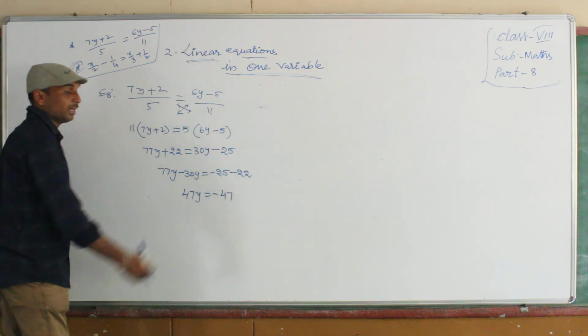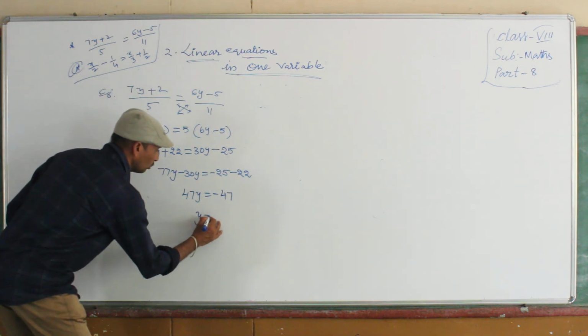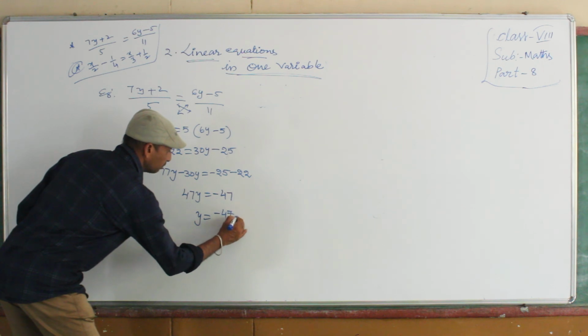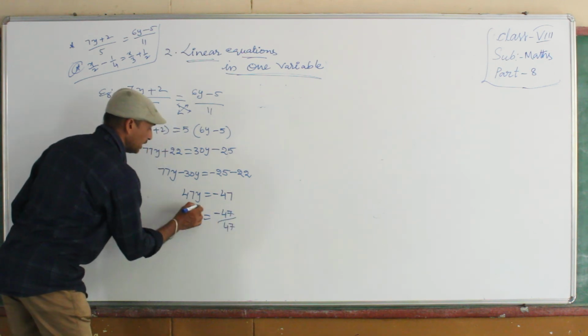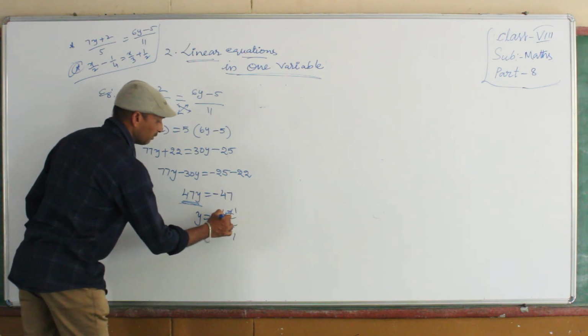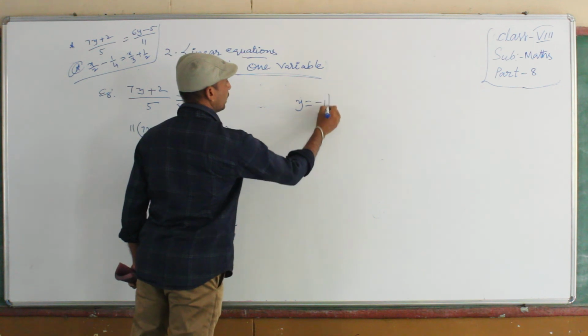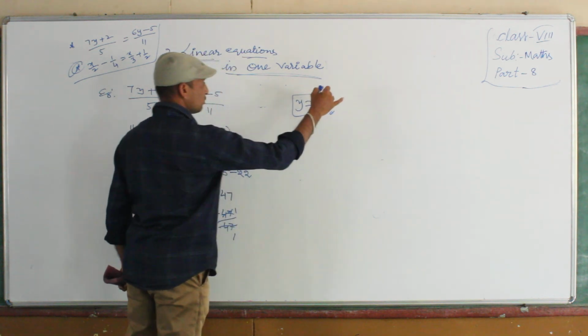Then this 47 transposes to the right side, so y is equal to minus 47 by 47, because it is multiplication. 47 ones are 47, so y is equal to minus 1. This is the y value.